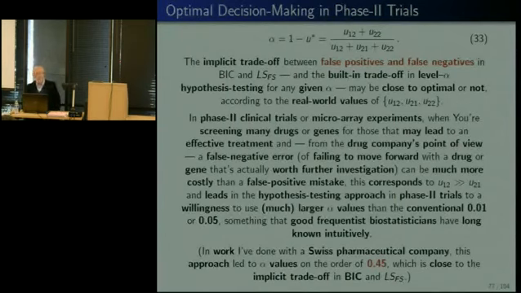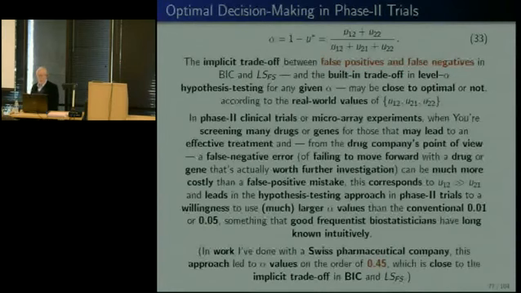In phase 2 clinical trials or microarray experiments, when you're screening many drugs or genes for those that may lead to an effective treatment, and from the drug company's point of view, a false negative error, which stands for failing to move forward with a drug or gene that's actually worth further investigation, can be much more costly than a false positive mistake, because you might only have to spend $50K to run the phase 3 trial to find out the thing doesn't work, and you might have just lost $50 million because you missed a good drug, for example.